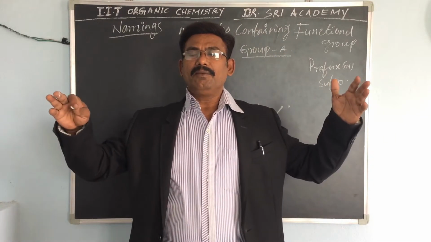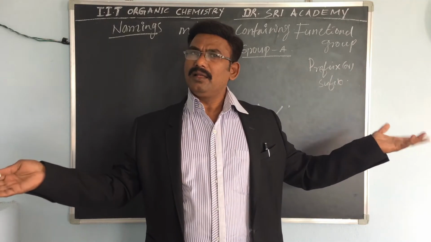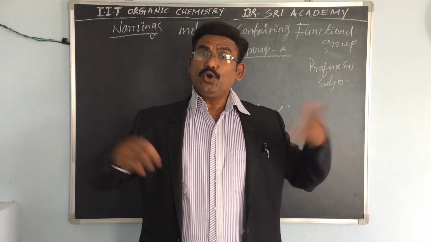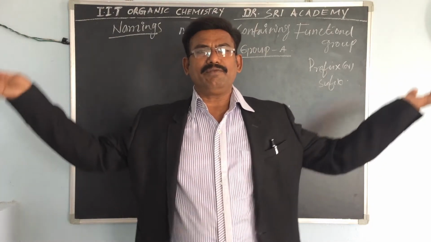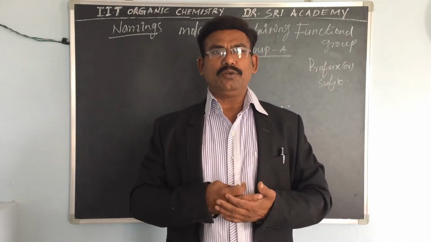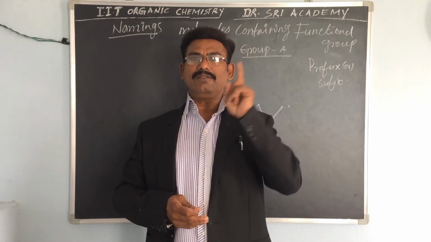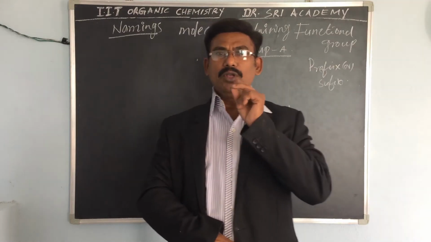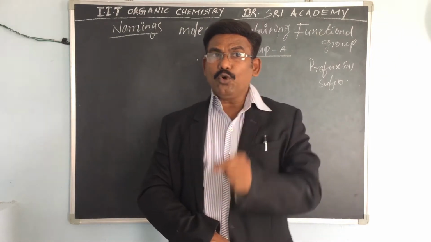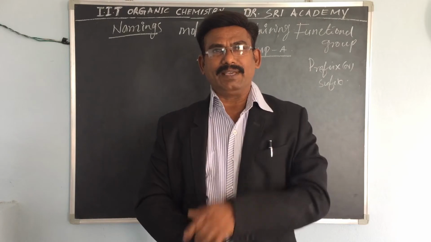If 3 functional groups are there, then the first priority is given to one functional group. If 2 functional groups are there, one is OH, one is COH, and like that many functional groups may be there. How can you go? Don't get confused. First of all, select only one functional group, the highest priority. So the group of highest priority is indicated by the suffix.